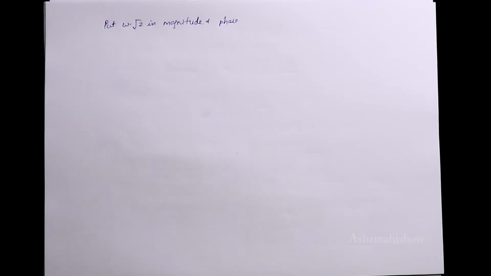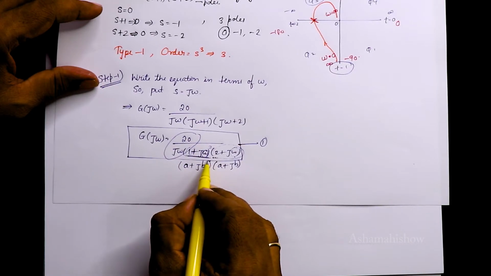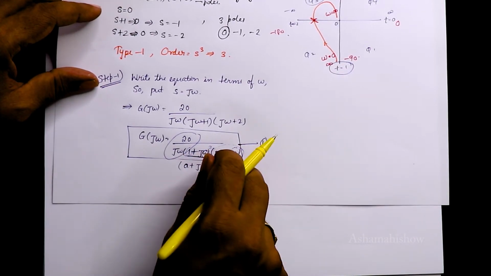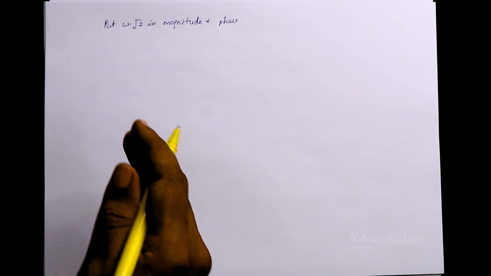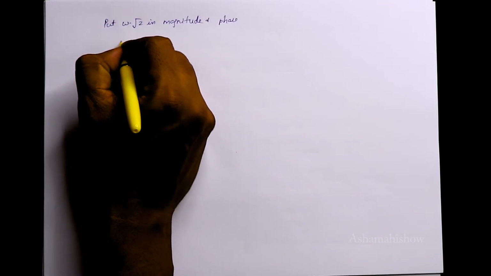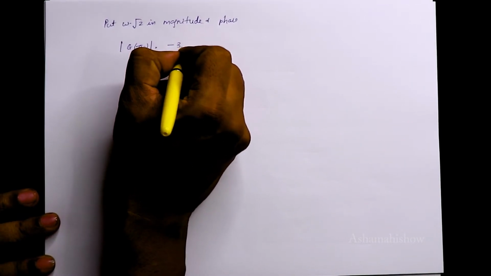Your magnitude formula we got already: magnitude of G of j omega equal to 20 by the same expression. If you put it here or here, it means the same, and we get minus 3.33.